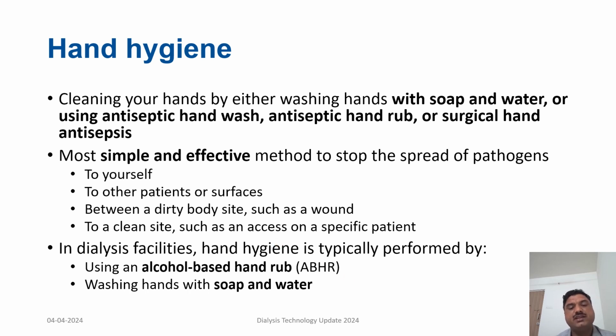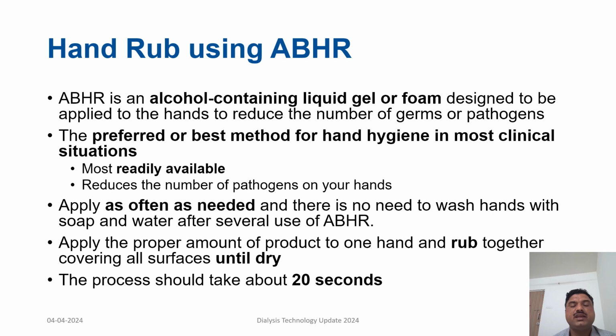Hand hygiene in a dialysis facility can be performed either with alcohol-based hand rubs, called ABHR, or by washing the hands with soap and water. Using alcohol-based hand rub is one of the preferred and best methods for hand hygiene in most clinical scenarios, because it is readily available and known to reduce the number of pathogens on your hands.